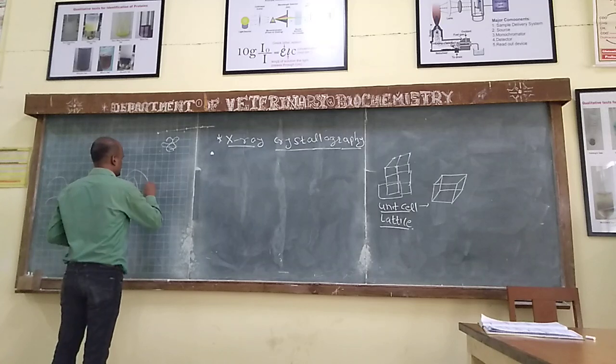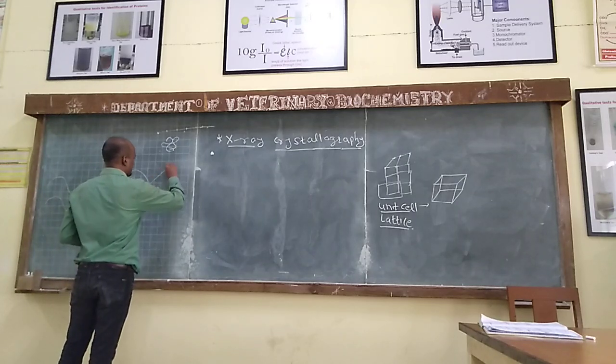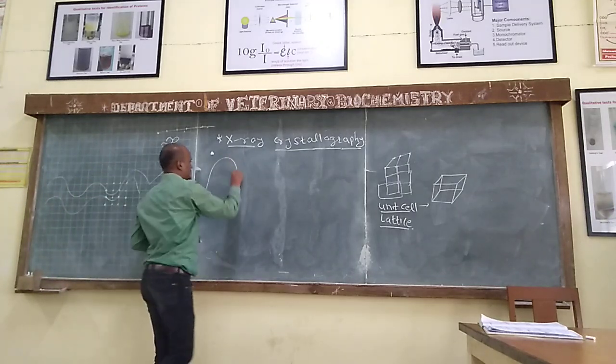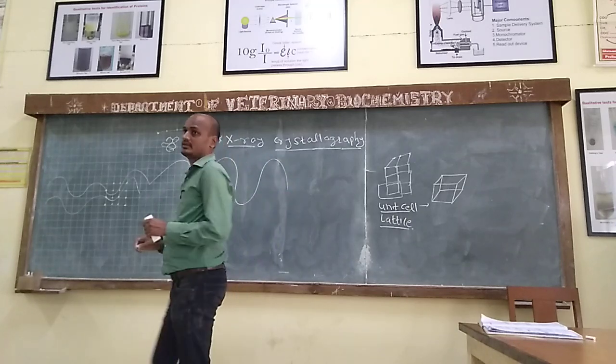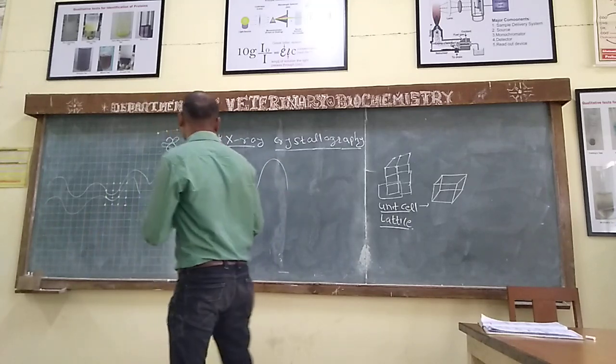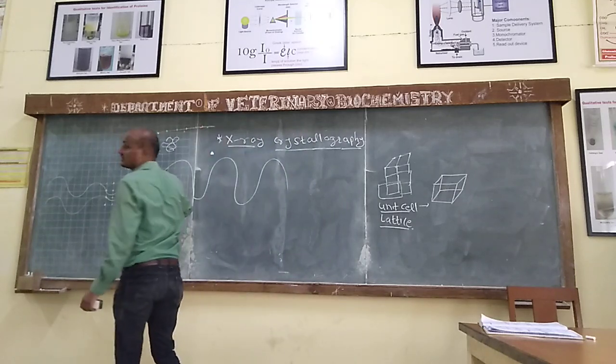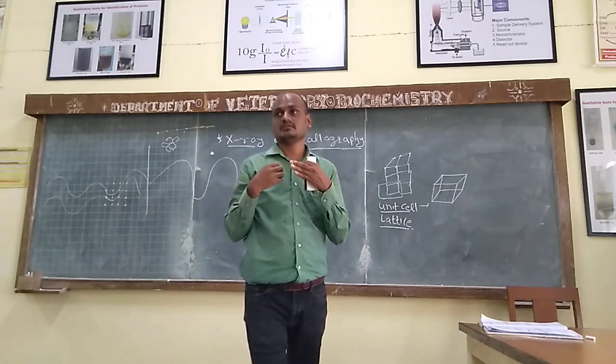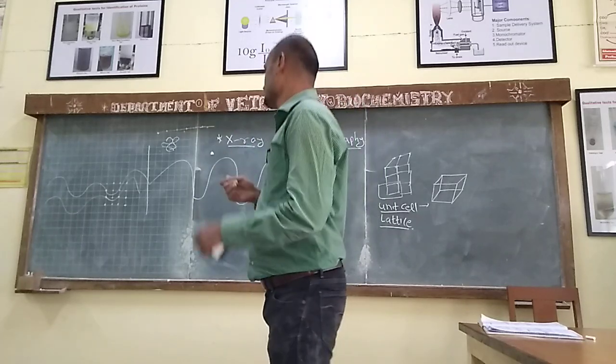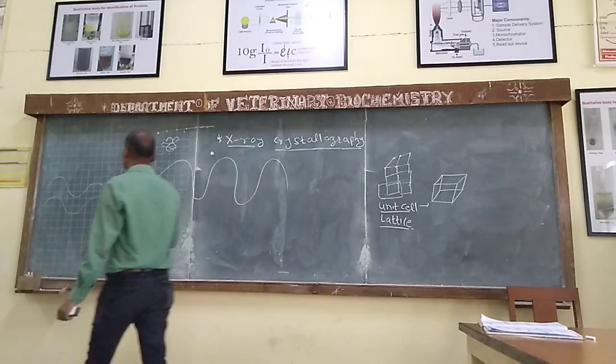It means that you can see some constructive interference in the detector. Okay, so on the detector you can try to observe the constructive interference when two light waves interact with each other. So at that position we can find this.